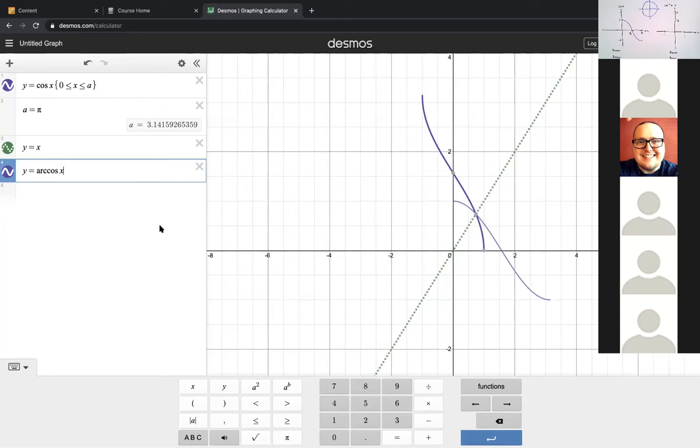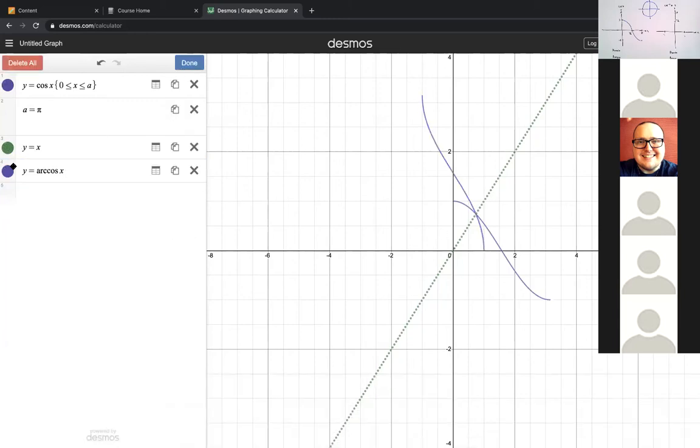Let's change this color since they're the same. Make this one orange for contrast. So the values on the cosine curve, the purple one, get mirrored across the line y equals x, and they end up looking like this orange curve here.